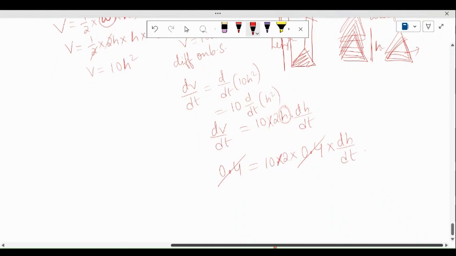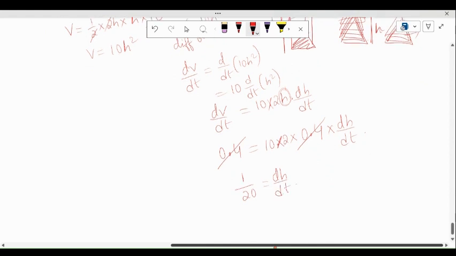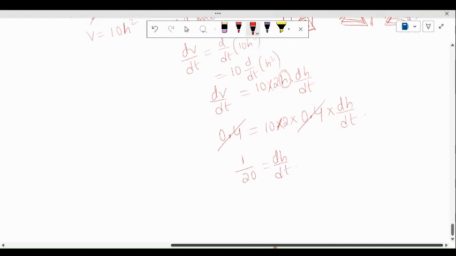Next, 1 by 20 is equal to dH by dt. Actually this is in meters, so dH by dt is equal to 1 by 20 meters. Convert into centimeters: 100 centimeters divided by 20 is 5. That means 5 centimeters per minute is the answer.